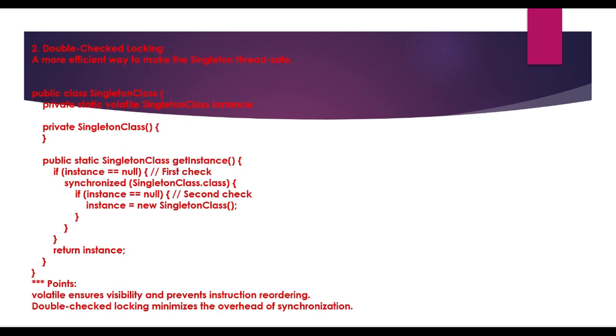Okay, now let's look at double checked locking. Previously, with the synchronized approach, there was a disadvantage where multiple threads trying to create the instance might create two instances of that. So in order to avoid that, there was another way to create a singleton design class, which is totally thread safe.